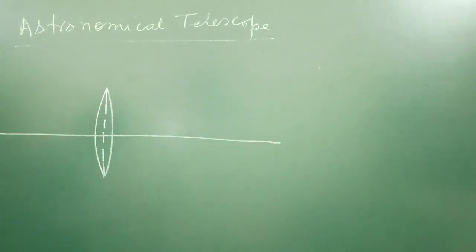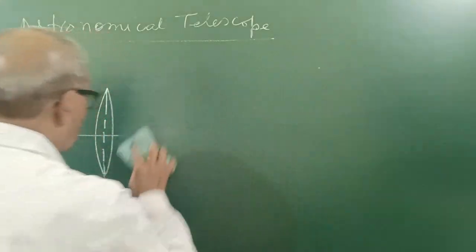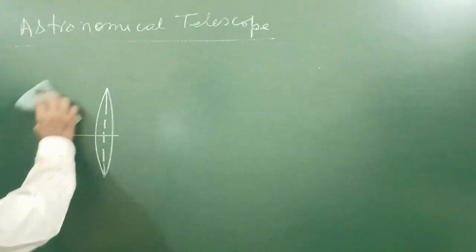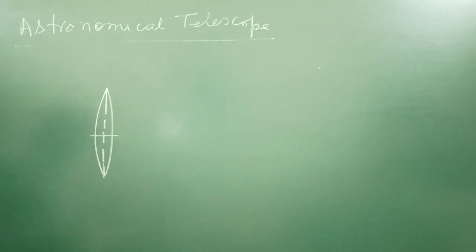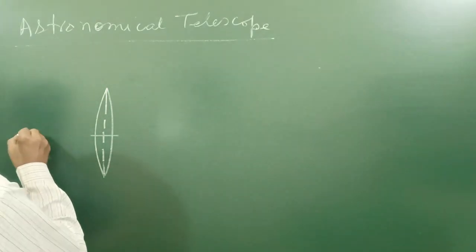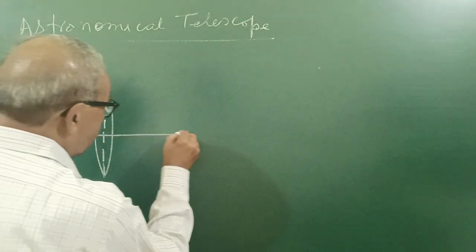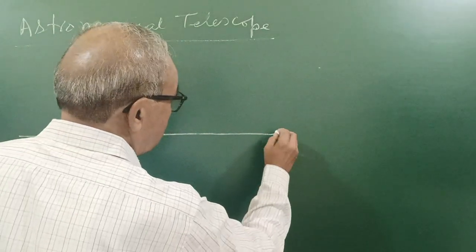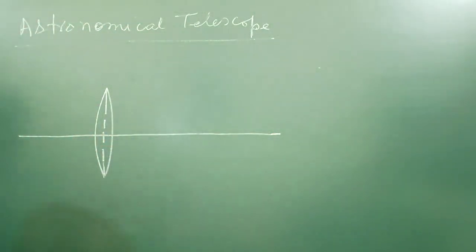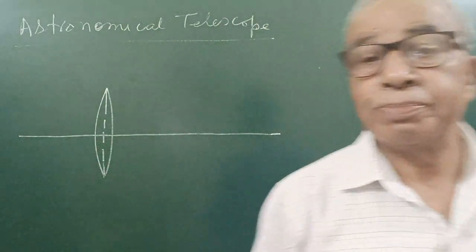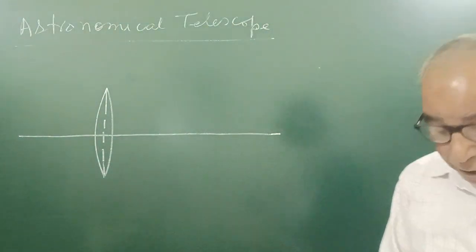Now, since for a telescope objects are at a large distance, we suppose them to be at infinity. And you know, when the object is at infinity before a convex lens, the image is obtained at the focus. So how to draw the diagram?